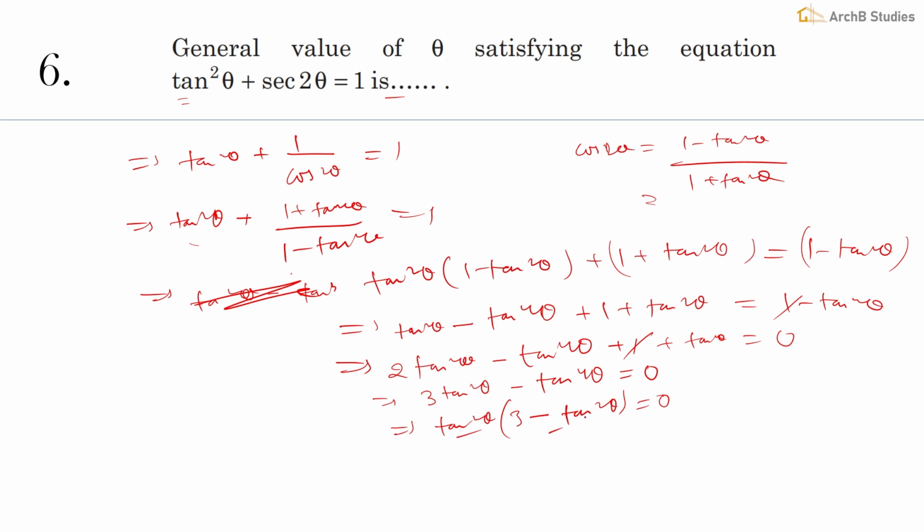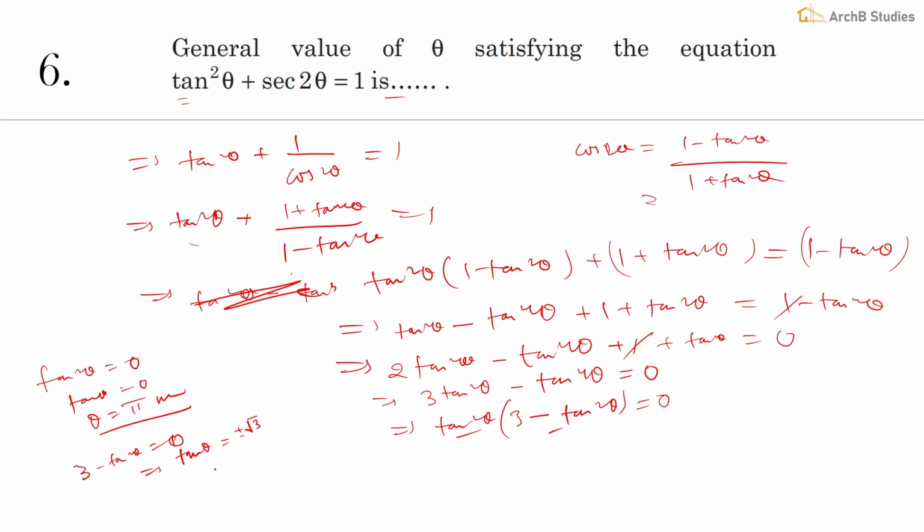Now either this will be 0 or this will be 0. If tan square theta equal to 0, it means tan theta is equal to 0. Okay, then theta will be n pi, and if 3 minus tan square theta equal to 0, this will give tan theta equal to plus minus root of 3.